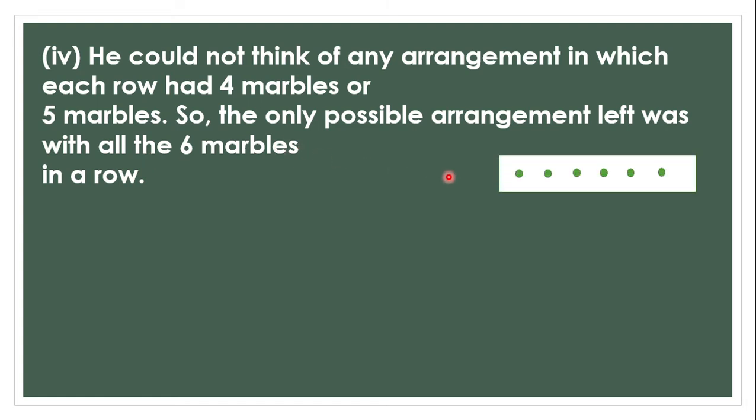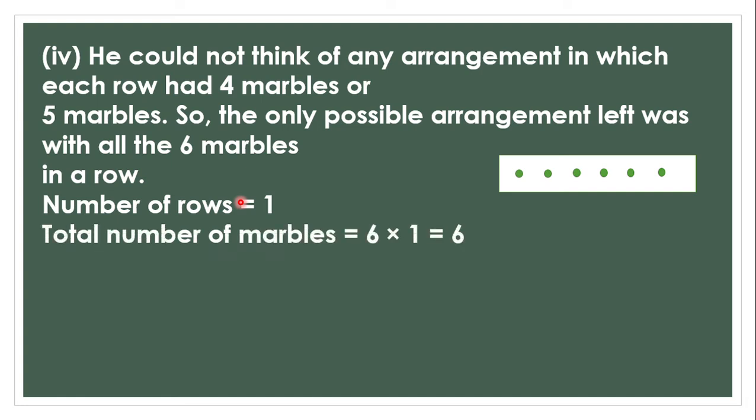This is how the arrangement is. See here, the number of marbles in the row is 6. There are 1, 2, 3, 4, 5, 6 columns and 1 row. So the number of rows is 1, the number of columns is 6, so 6 into 1.